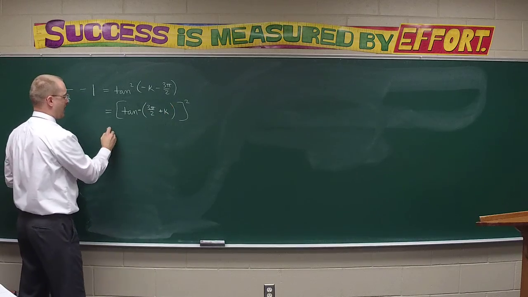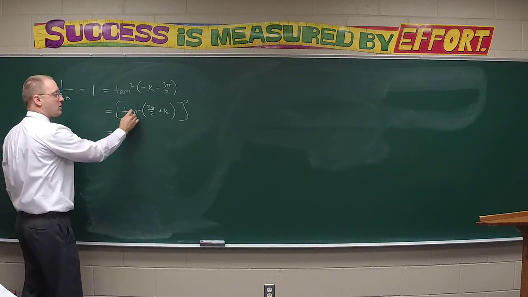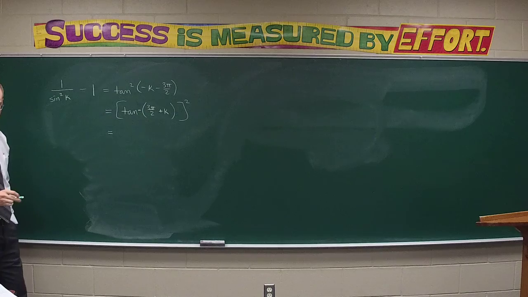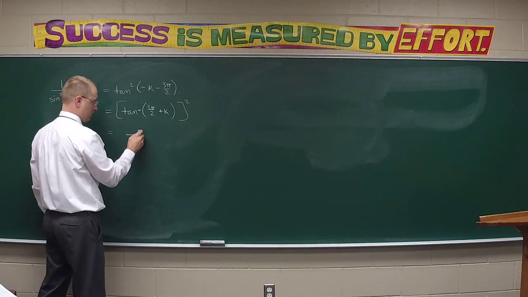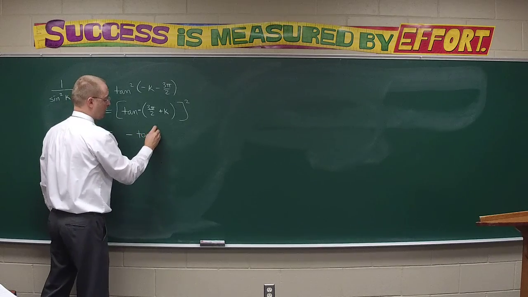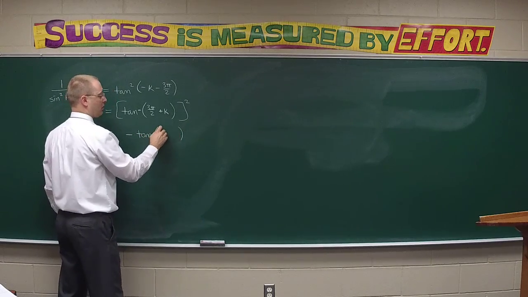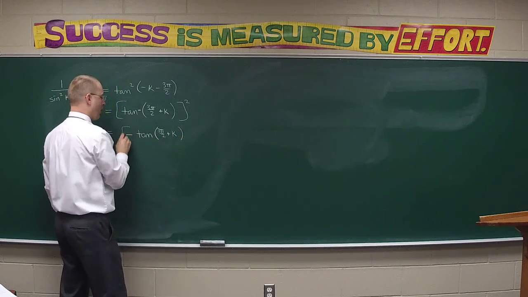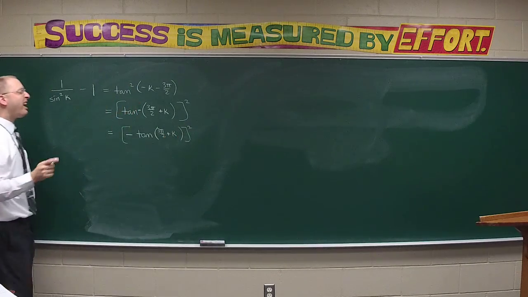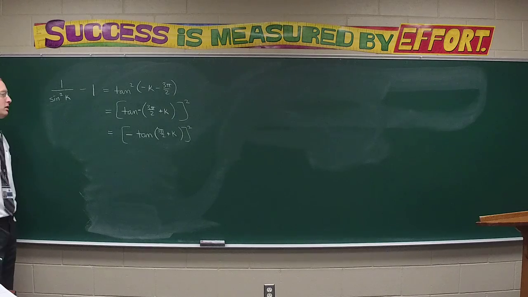It's just another way to look at it. Next, since we have the tangent of a negative angle, Jamie? It would be negative tangent of 3 pi over 2 plus kappa, all squared.